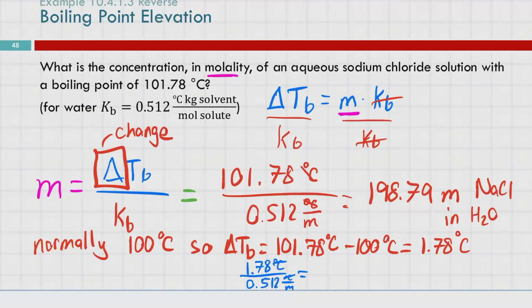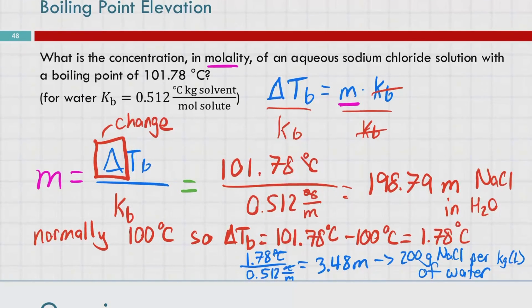If we plug that number in, we get a much more reasonable number, 3.48 molal. That's 200 grams of sodium chloride per kilogram, liter of water.